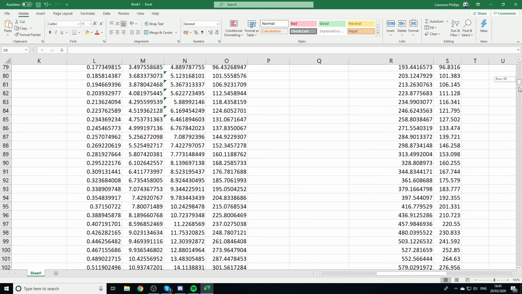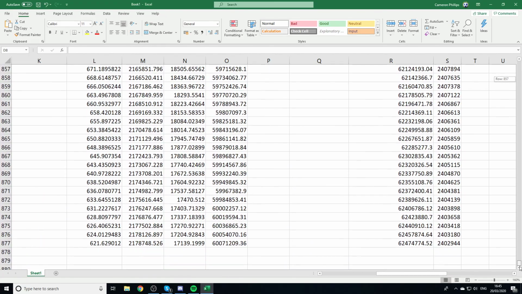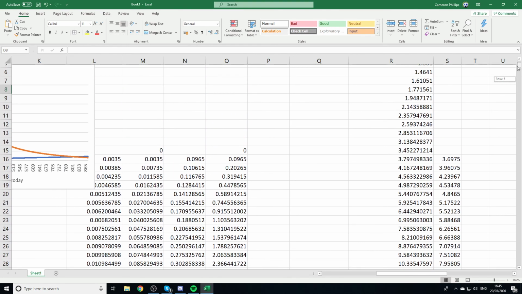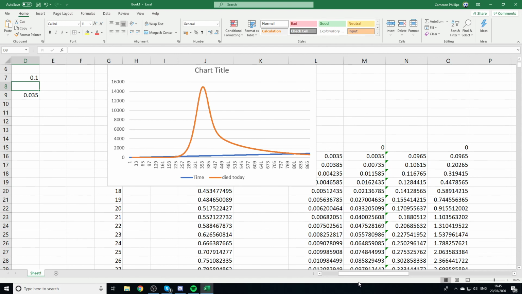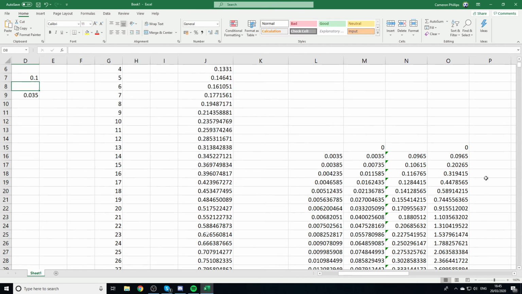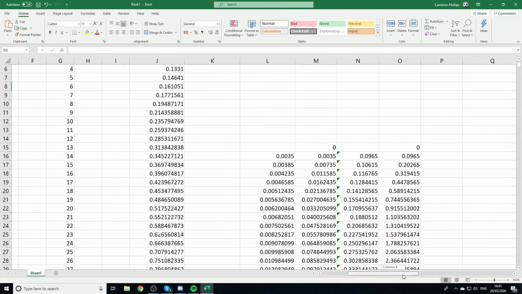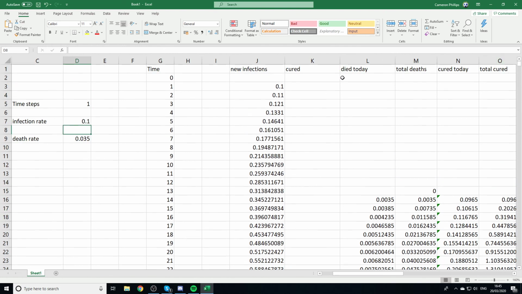But actually, when I say it doesn't mean fewer people will die, it actually does mean fewer people will die, because ultimately we will be able to cater for the very needy and save lives. So this model, it works. This very simple Excel model shows you how, by looking at a death rate, a cured rate, a died today, a total deaths, a cured today, there's lots of faults in this, and you can change lots of things.